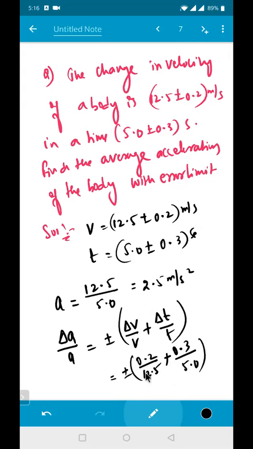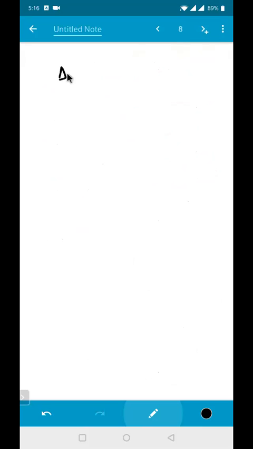So delta A by A is approximately plus or minus 0.08.